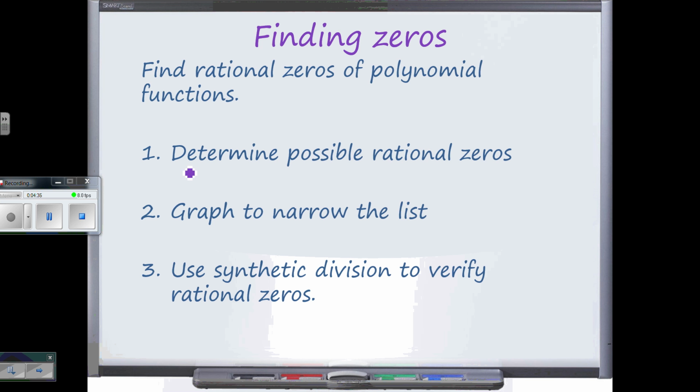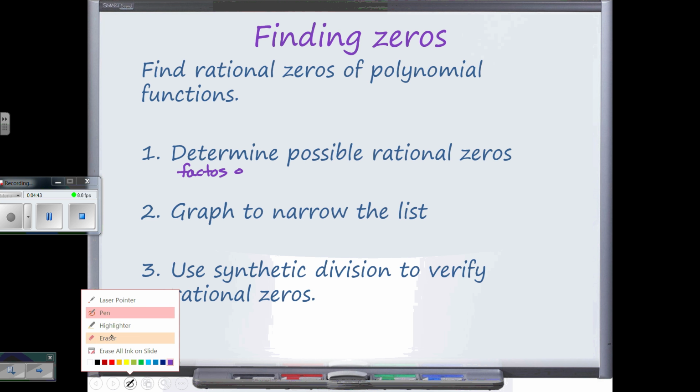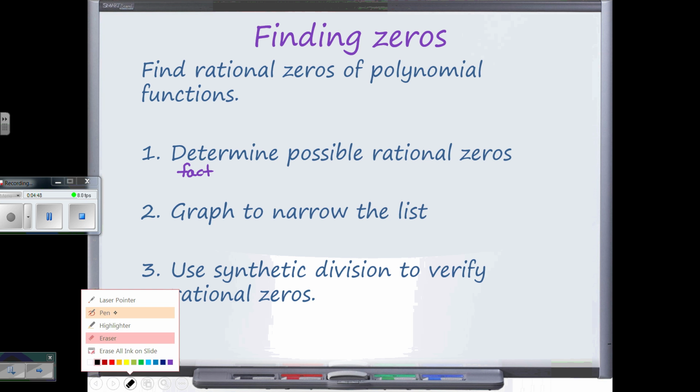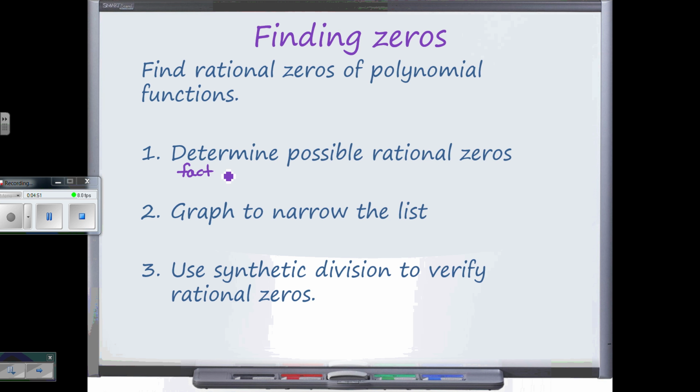Remember, factors of the trailing constant over factors of the leading coefficient.